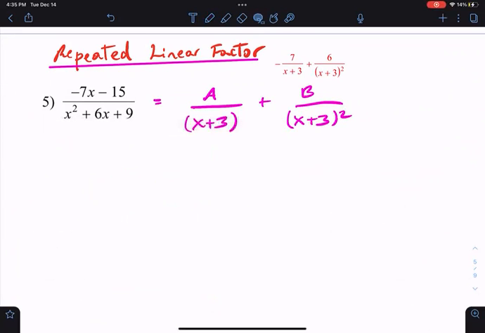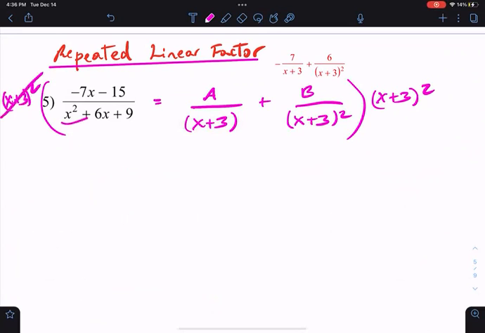If you multiply both sides by x plus 3 to the second power, this cancels out. You get negative 7x minus 15 equals a times x plus 3 plus b, just b, right?